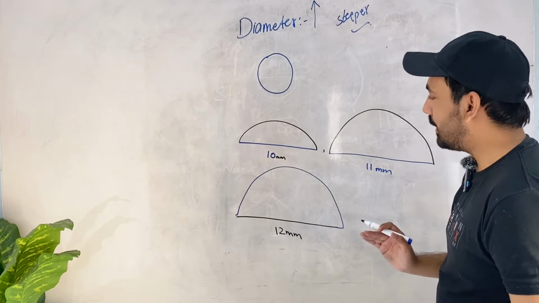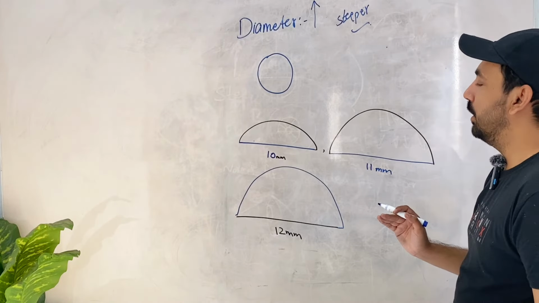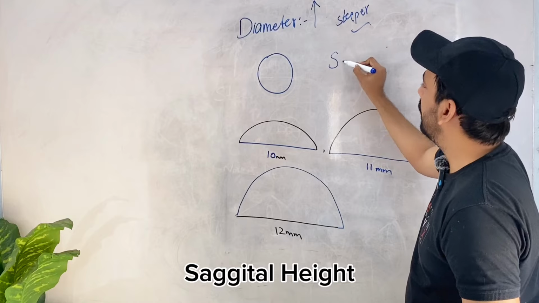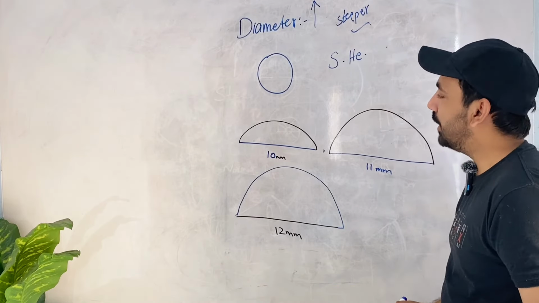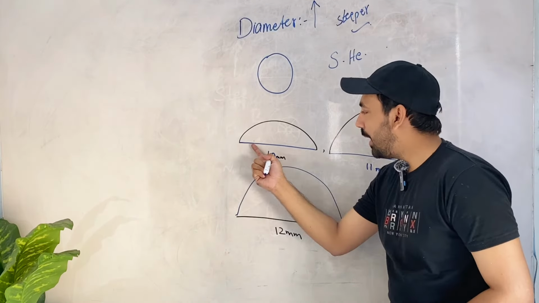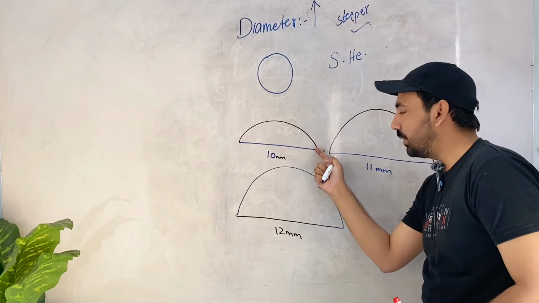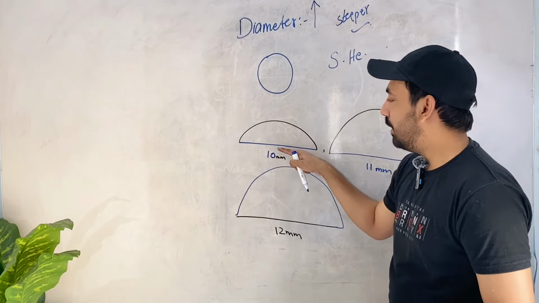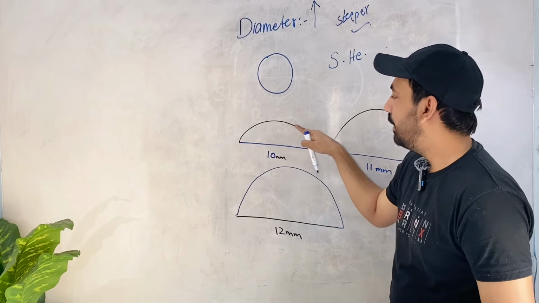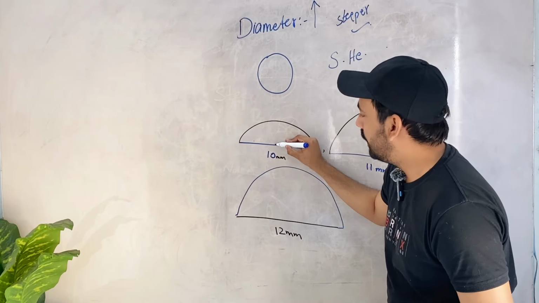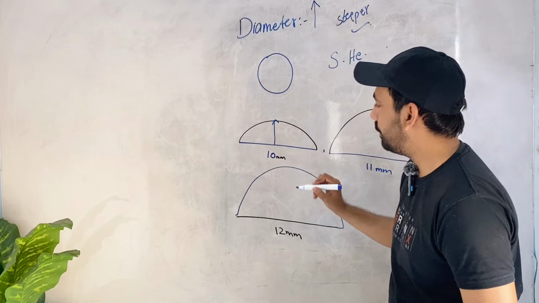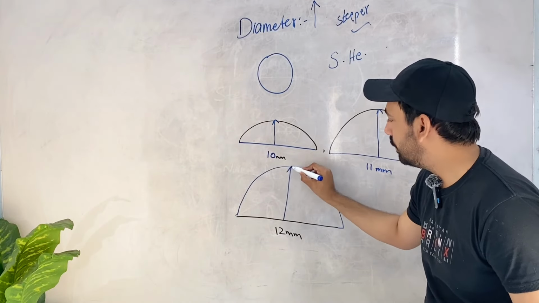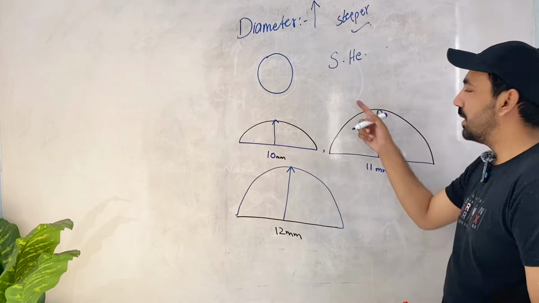Let's discuss another important parameter which is connected with the diameter, and that is called the sagittal height. Remember that this is the flat surface of the lens and this is the curved surface of the lens. The distance between the flat surface and the curved surface, these heights, are called the sagittal height.